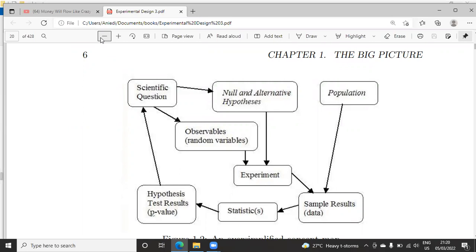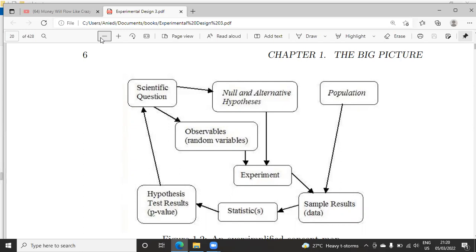Experimental unit: after picking, before you are able to get the data, you must likely look at several factors. We talked about factors. In every population, there are factors, and factors have levels. The levels of treatments make up a factor.